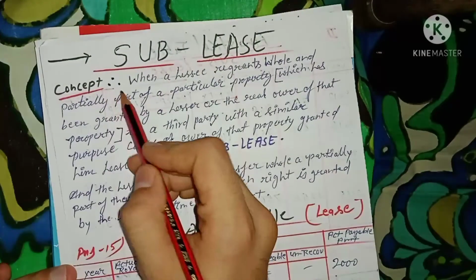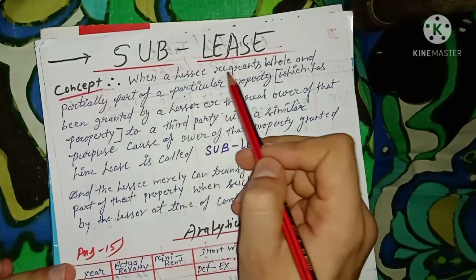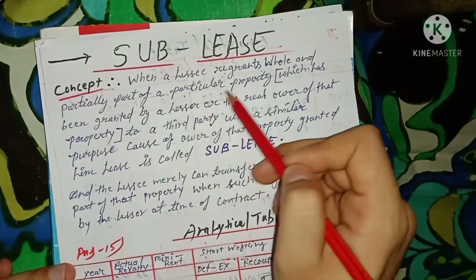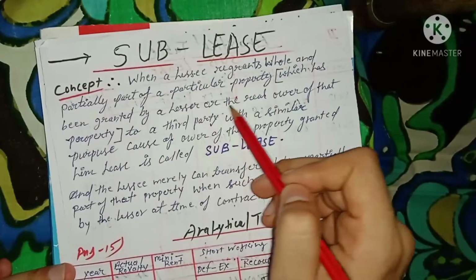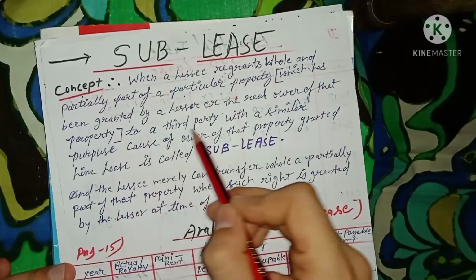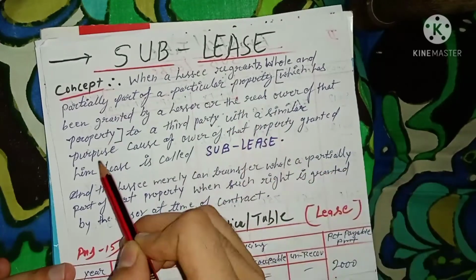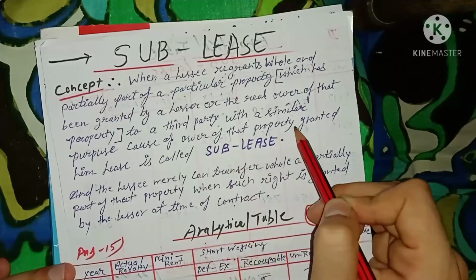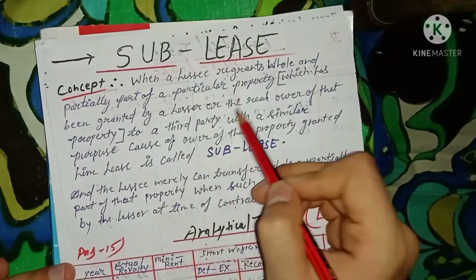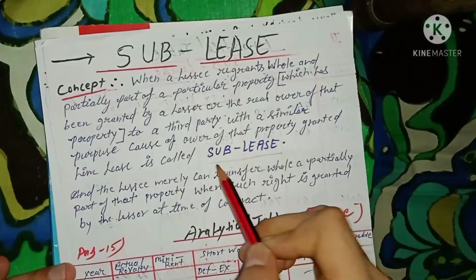Sublease is when a lessee re-grants the whole or a part of a particular property, which has been granted by the real owner of that property, the lessor, to a third party for a similar purpose. That is called sublease.